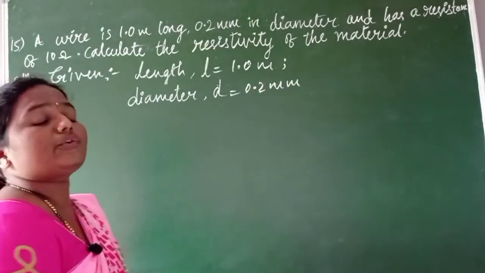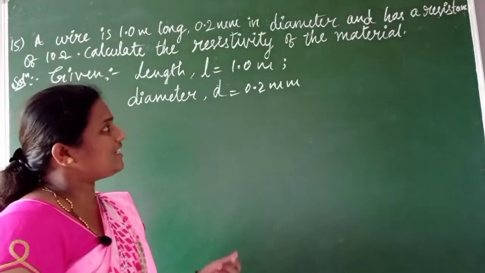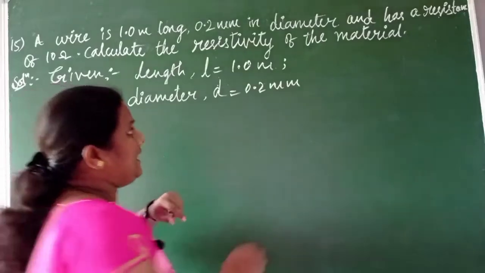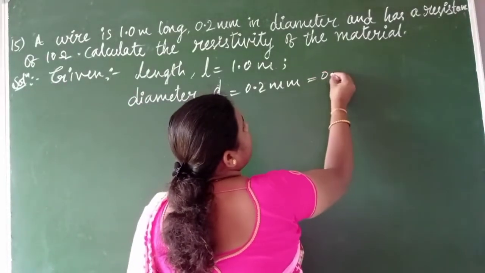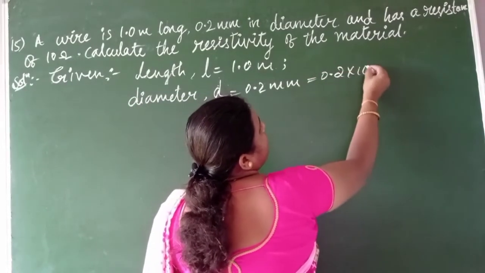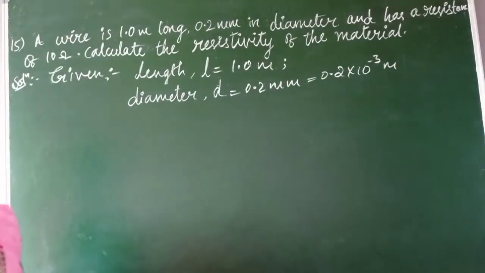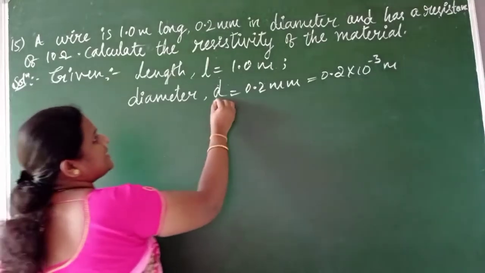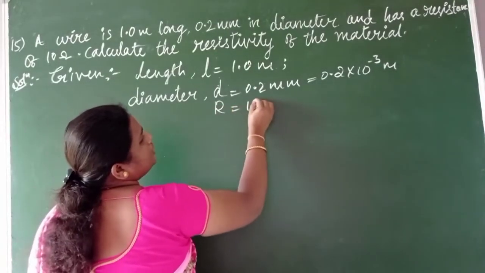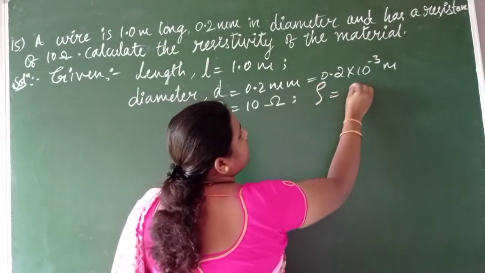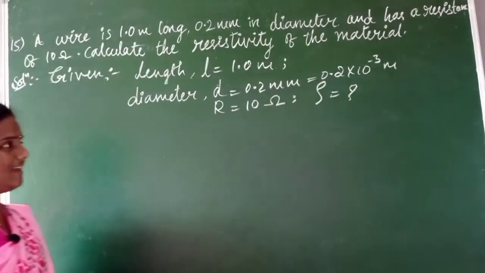So children, in order to convert this millimeter into meter, we have to multiply it by 10 to the power of minus 3. So now 0.2 into 10 to the power of minus 3 meter is the diameter value. The next is resistance. R is equal to 10 ohm and the resistivity rho is what we want to calculate.